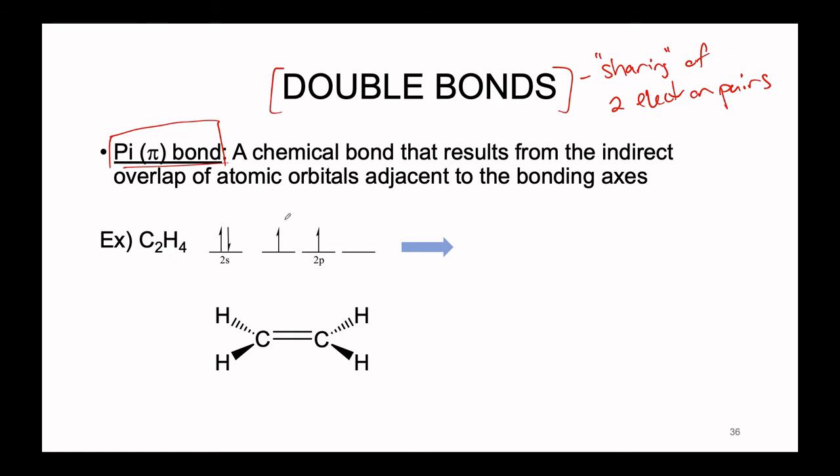A pi bond is a chemical bond that results from an indirect overlap of atomic orbitals that are adjacent to the bonding axes. So a pi bond, as we will see in a moment, is the direct result of having an unhybridized p orbital.